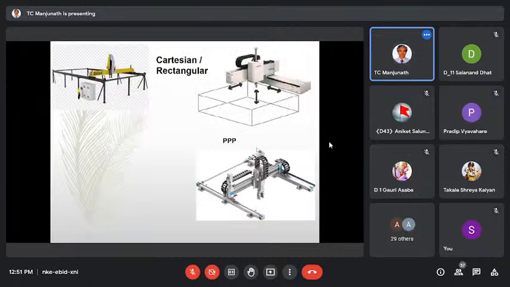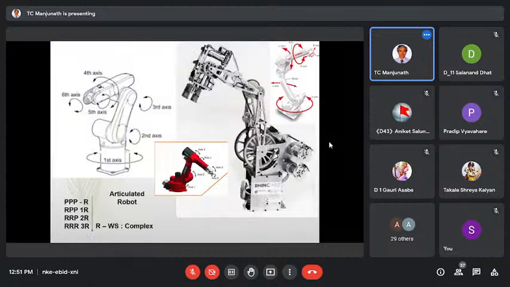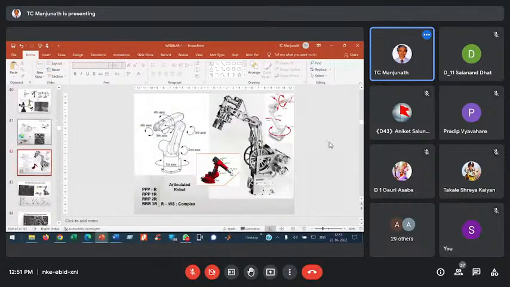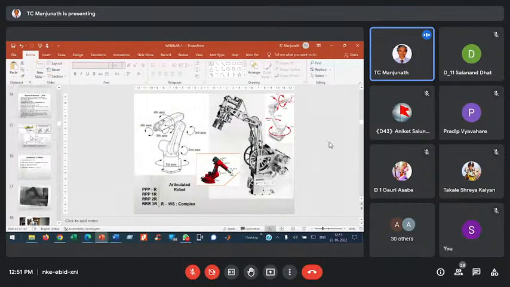Just wait. This is, I think, an articulated robot wherein I think there is some... No, I'll come back. Yeah, here I will show.